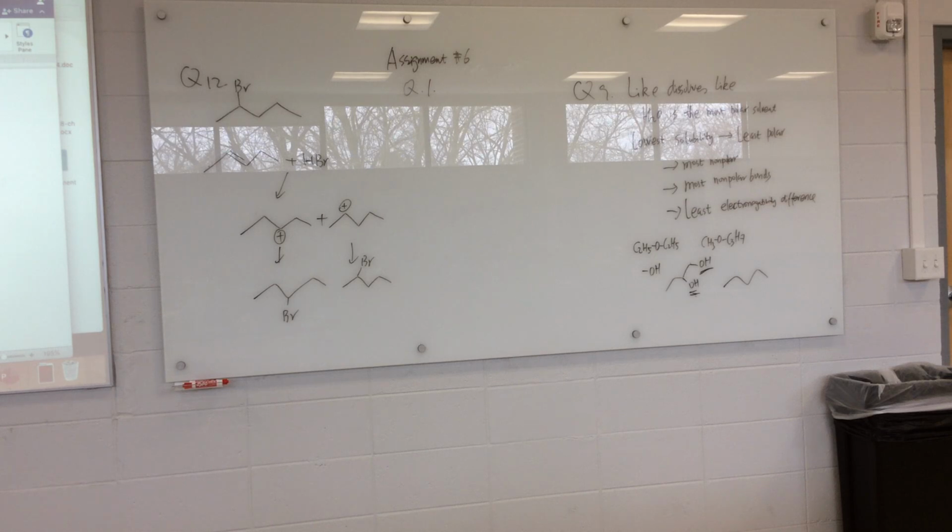So if this is R, this must be S. So they must have opposite chirality. And here we can easily see only D, because only D has two opposite chirality.